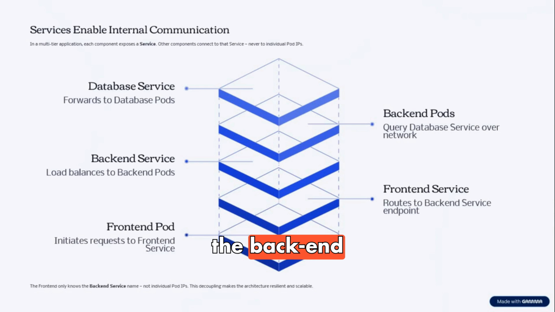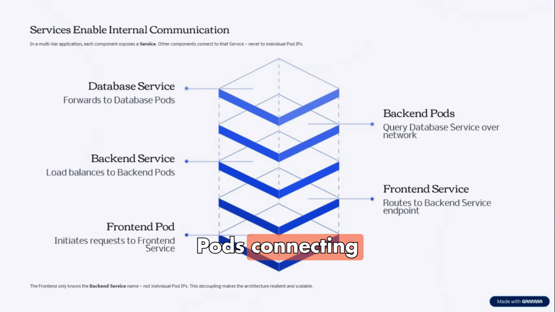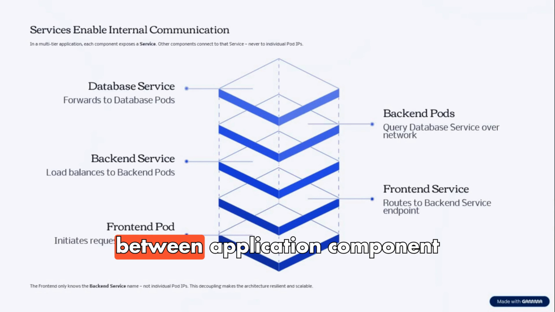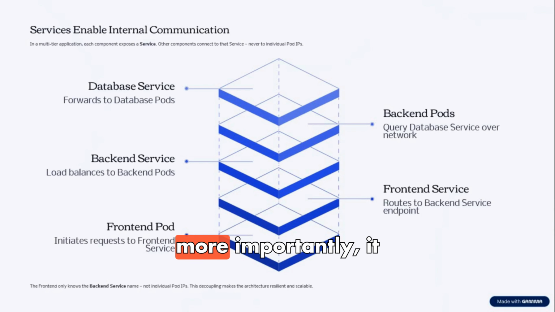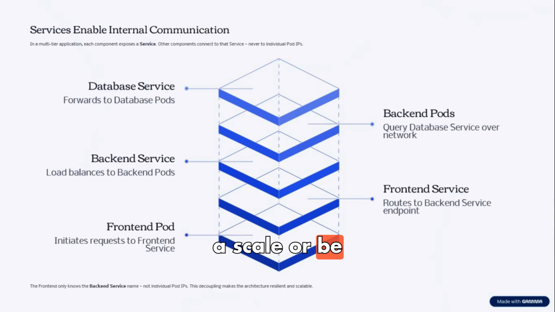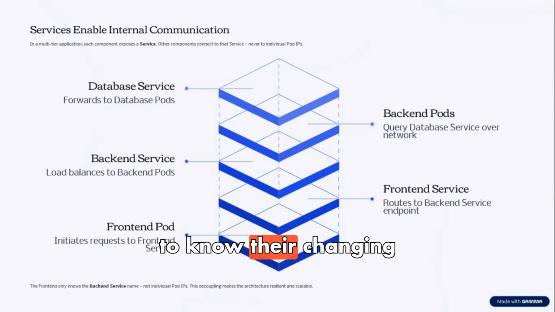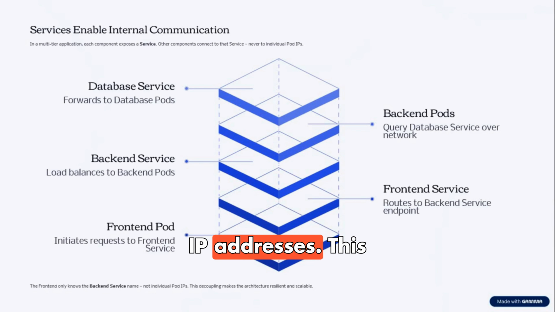Similarly, the back end can communicate with the database service instead of connecting directly to individual database pods. This creates a clean separation between application components, and more importantly, it means that pods can restart, scale, or be replaced without requiring every application component to know their changing IP addresses. This makes the architecture much more resilient and scalable.